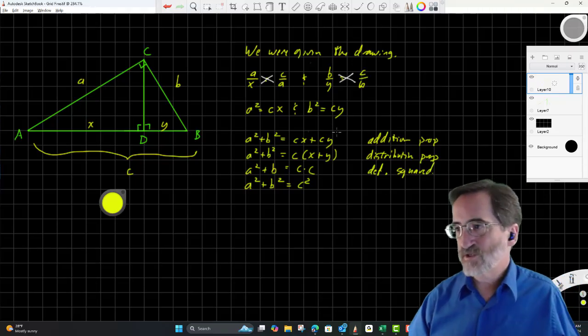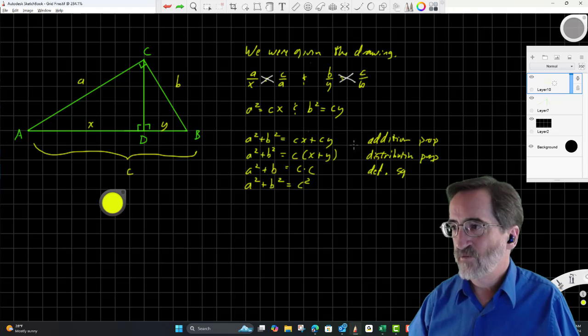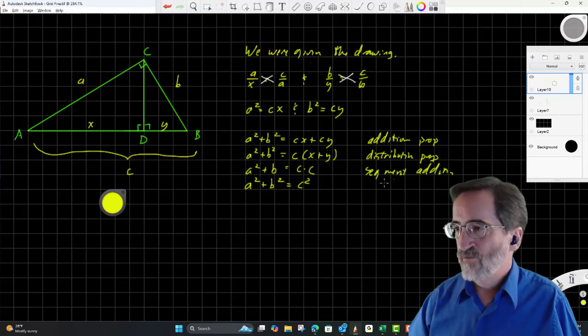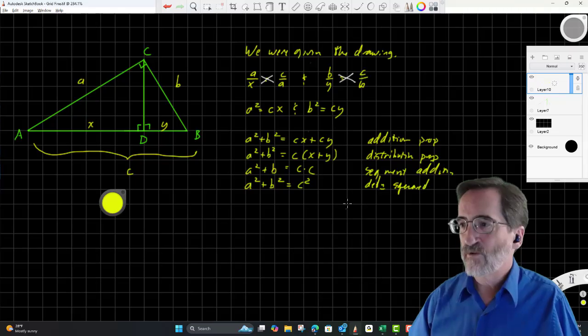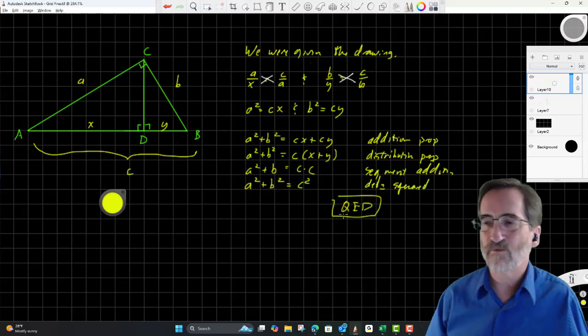Oh no, that was segment addition. Segment addition. And definition of squared. There we go, QED. Quod erat demonstrandum. I said it, therefore I proved it.